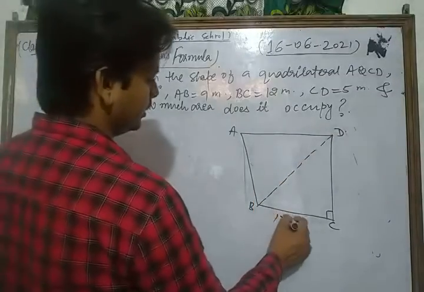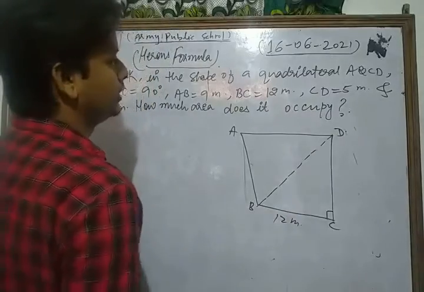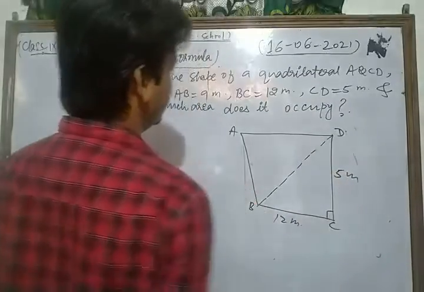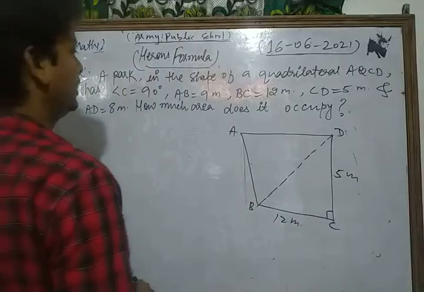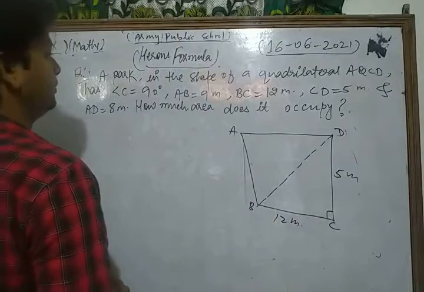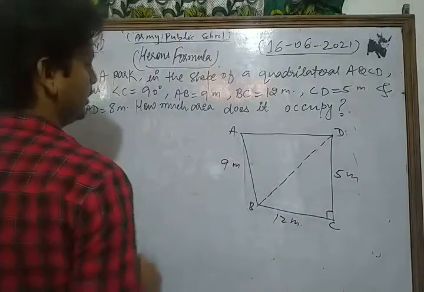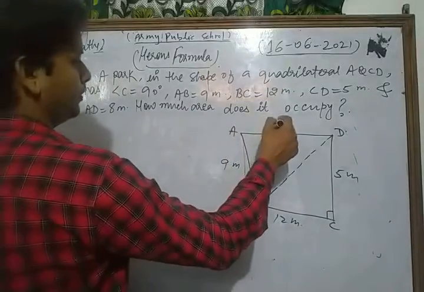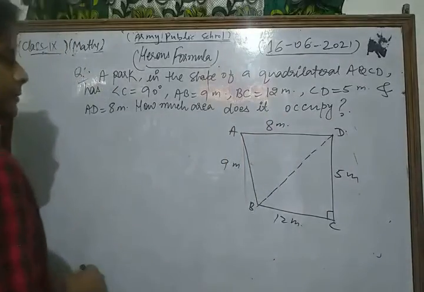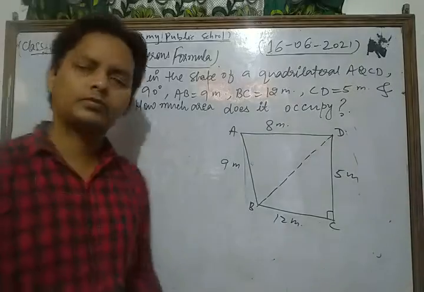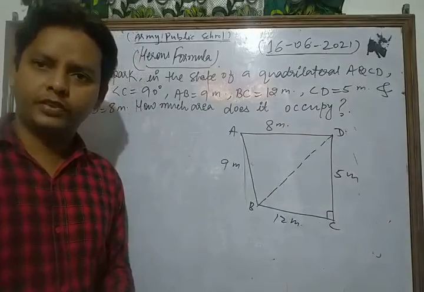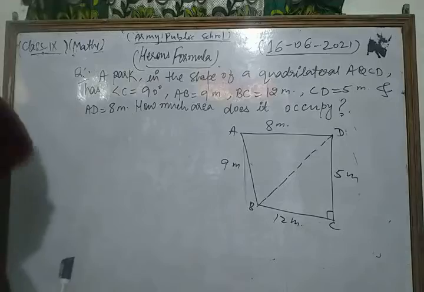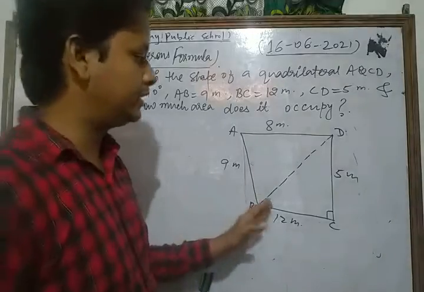BC is 12 meter, CD is 5 meter, AB is 9 meter, and AD is 8 meter. This is the figure here, and we find the area of quadrilateral ABCD.